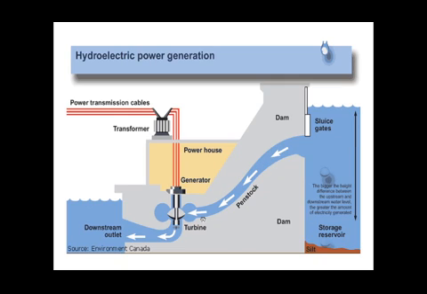This flow of water helps in running the turbines of the generator, and when the generator's turbine runs, it leads to the formation of energy. Okay, and the power transmission cables are laid down so that this energy is transported to longer distances. Fine.